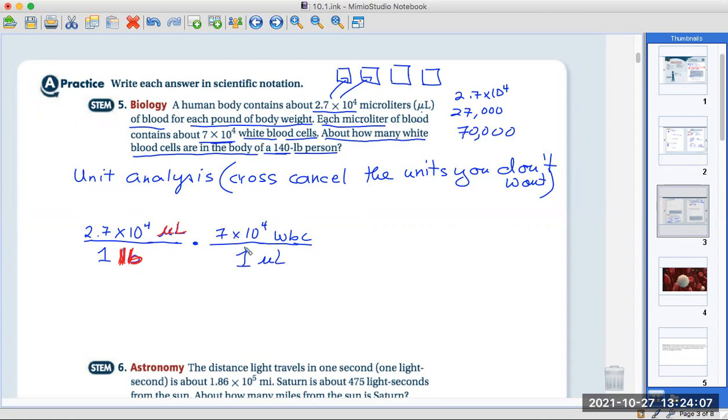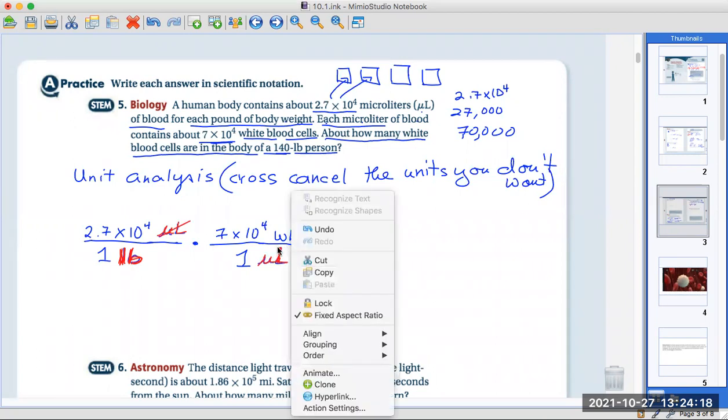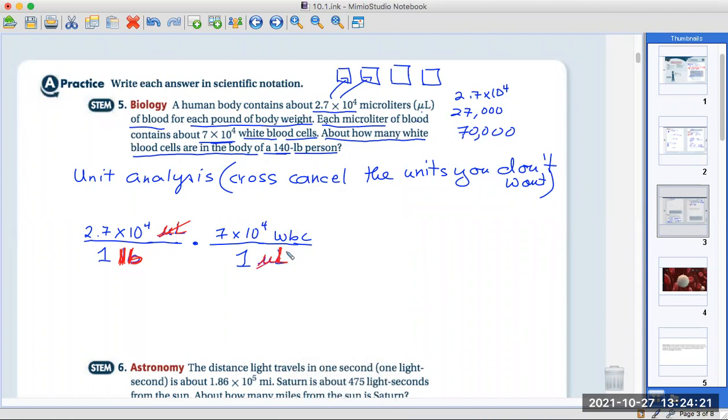So now I have created a cross-cancel by making it tricky. You have to think about it. I can cross out the microliters because I won't need them in my answer.